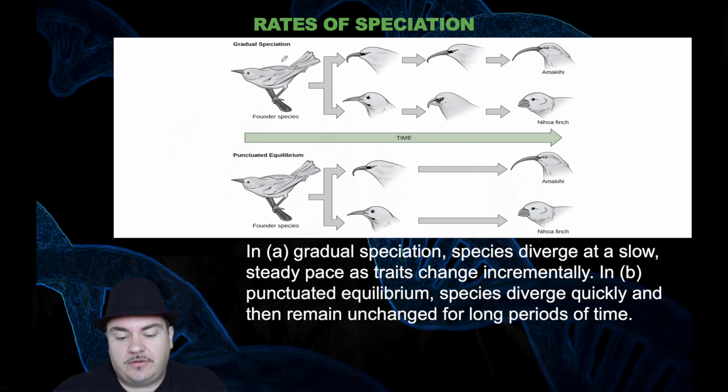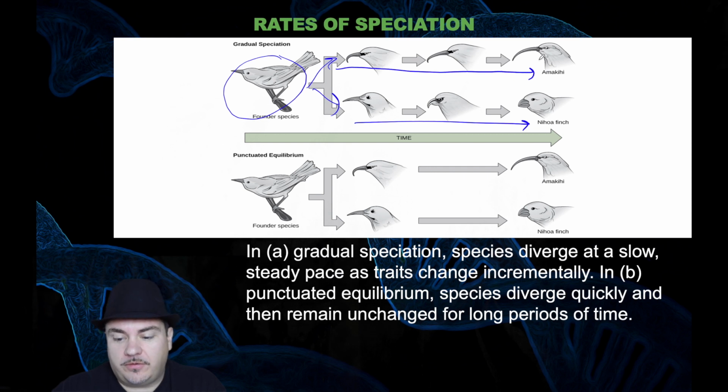Gradual speciation: you have one founder species, it starts to diverge into two separate species, and over time you get slow, gradual changes to the organisms to develop those two different species. One beak becoming longer and thinner, for example, to feed off insects or nectar.